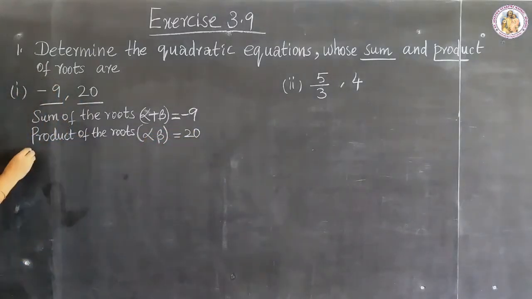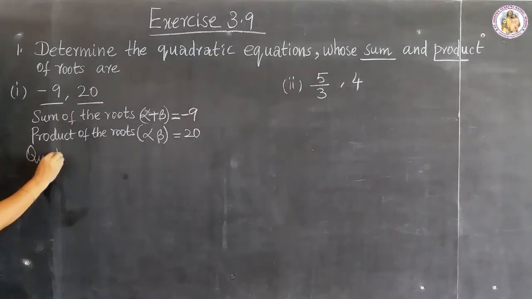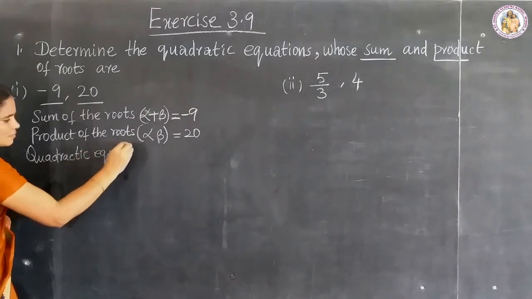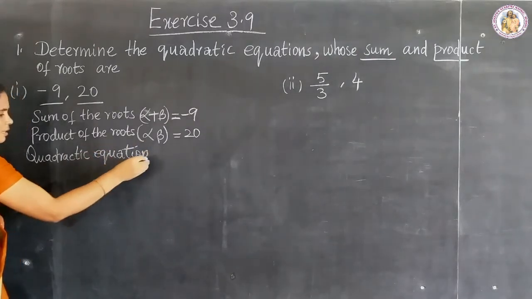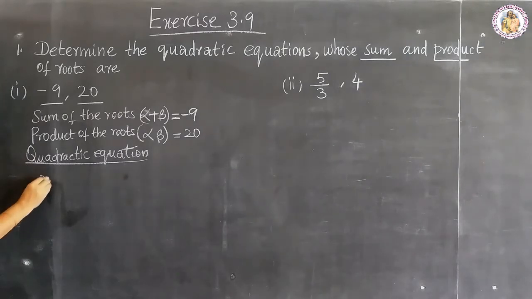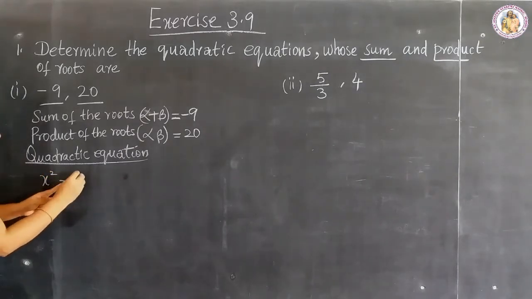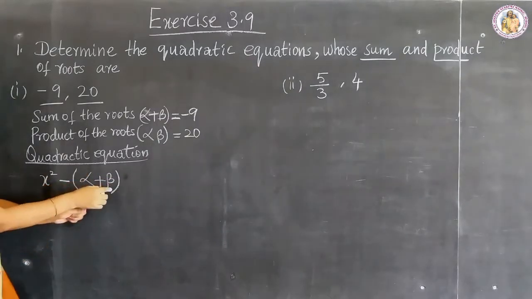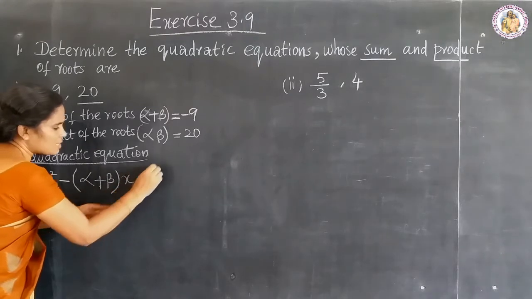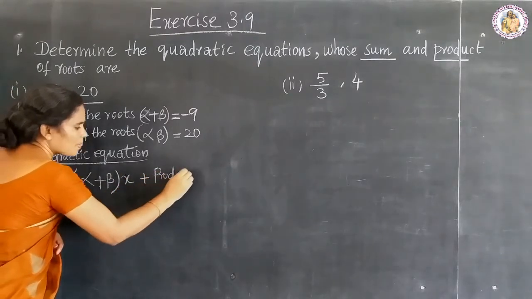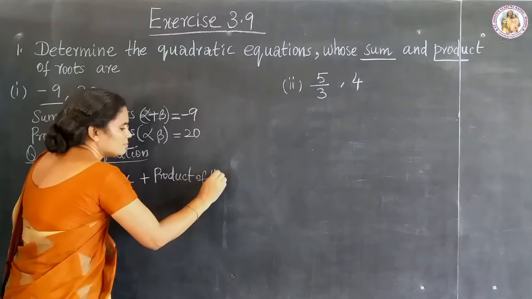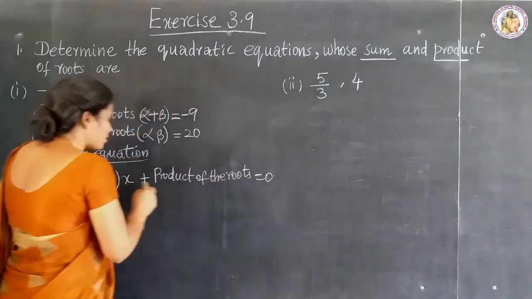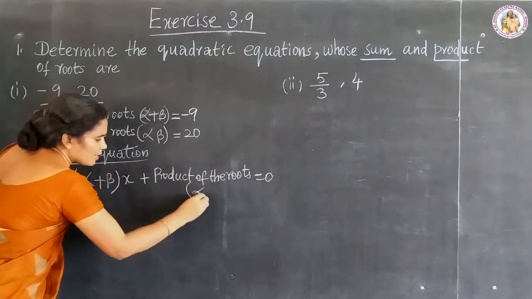So the quadratic equation is x square minus alpha plus beta, that is the sum of the roots, into x plus the product of the roots, alpha into beta, is equal to 0.